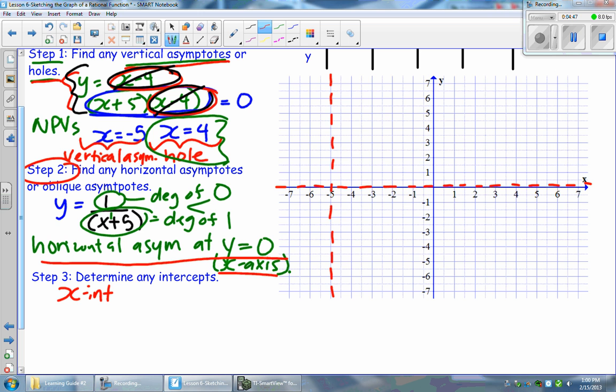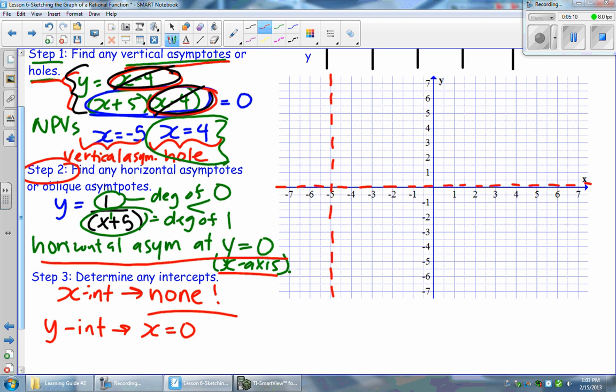So think about it. We are not defined along this line. So therefore, we have no x-intercept since the x-axis is not defined in our graph. Okay, so that was quite simple, but we still need to identify the y-intercept. And remember, the y-intercept occurs when your x value is equal to 0.